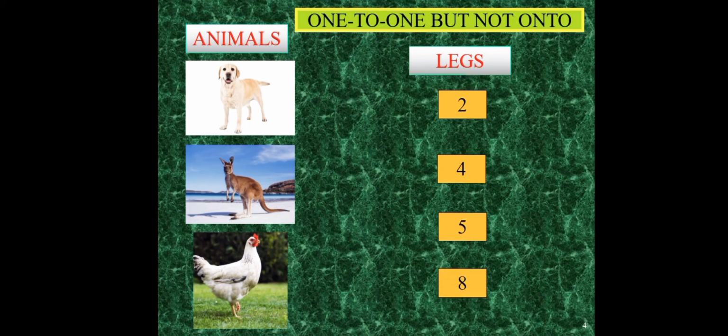The dog has 4 legs, the kangaroo has 5 legs, and the chicken has 2 legs. So as we can see, every element in the domain has a corresponding element in the codomain, so it is a one-to-one function but not onto because one element in the codomain has no image in the domain.